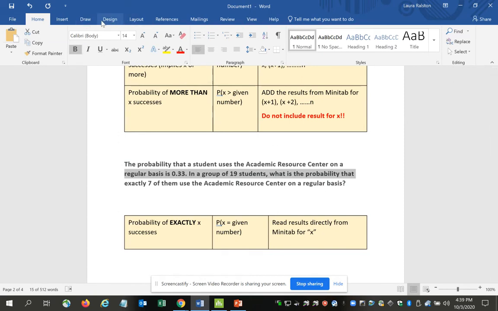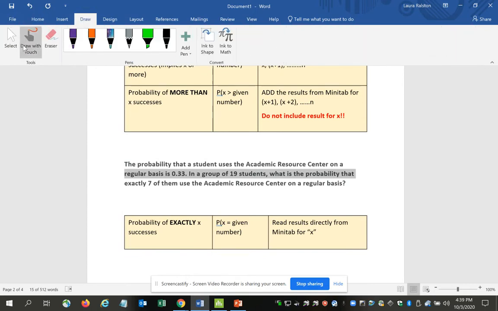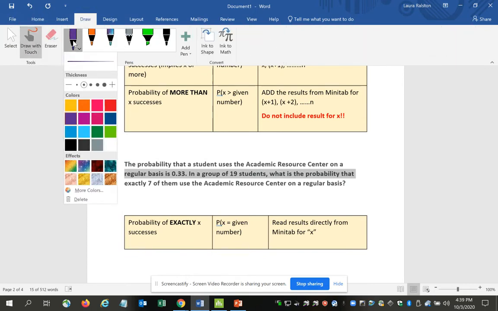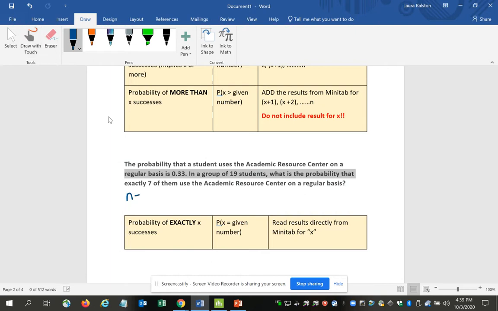Before you can even begin working this problem, you need to identify some information. You need to know the total number in your sample. How many times are you performing this particular experiment? In this case, it is 19 because it tells us in a group of 19 students.